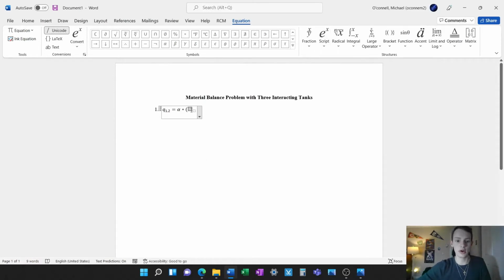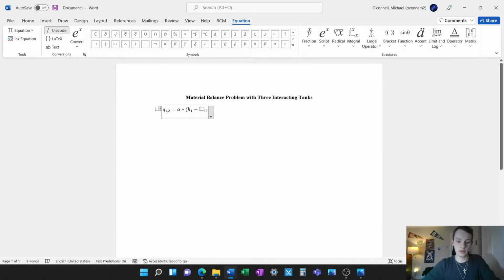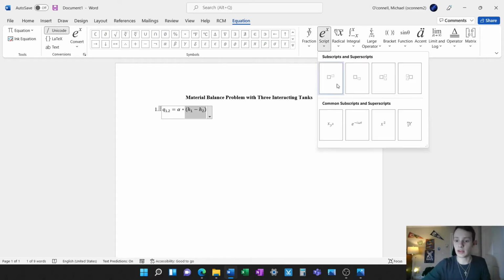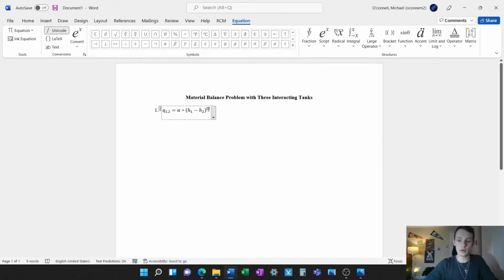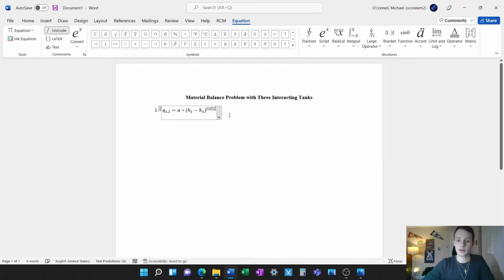So this will be H1 minus H2. And as our problem basically told us, this is going to be raised to the 1/2 power. Okay, so that's kind of what our equation looks like.